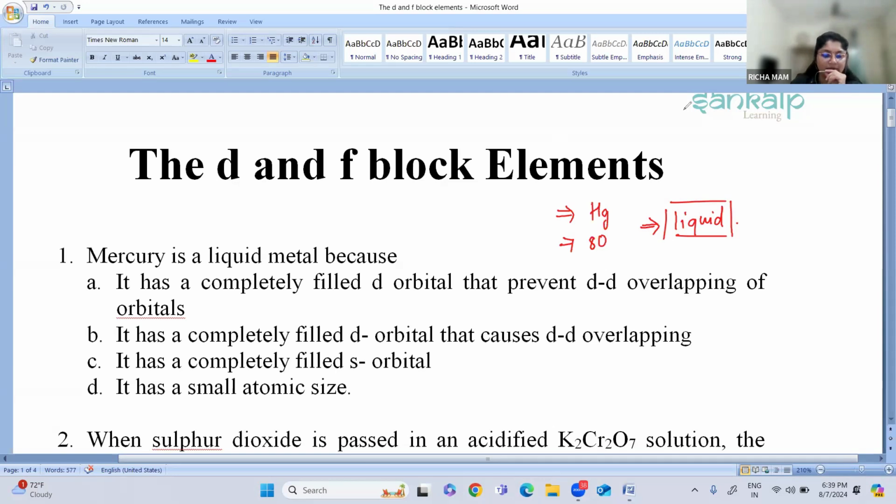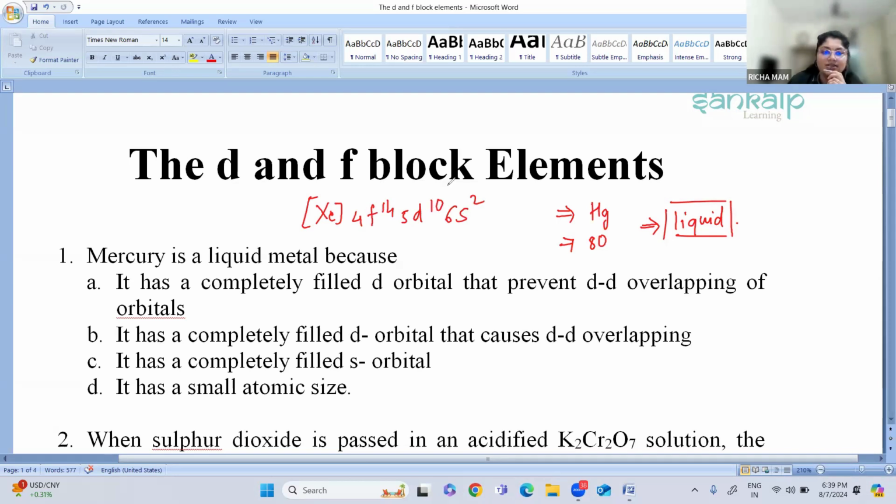Now, when you write the electronic configuration of mercury, it is xenon 4f14 5d10 6s2.